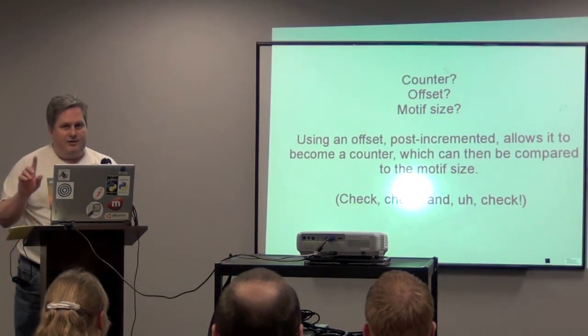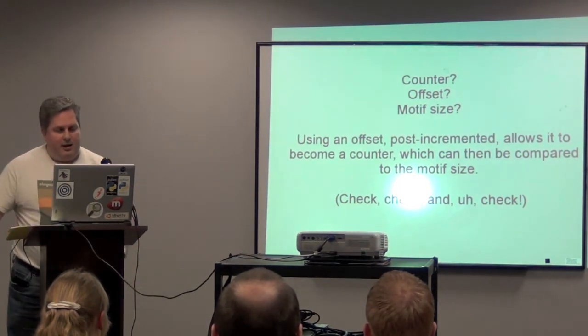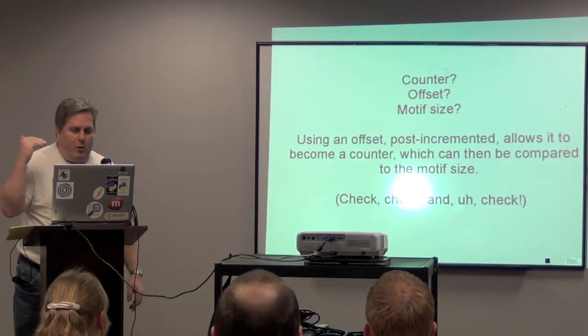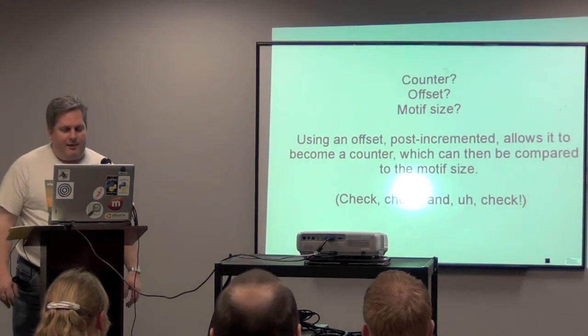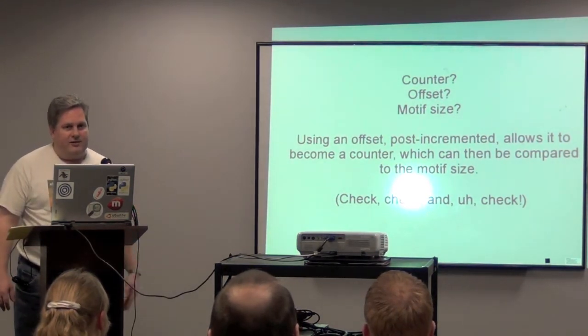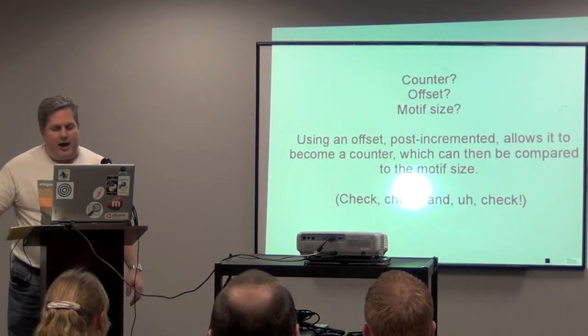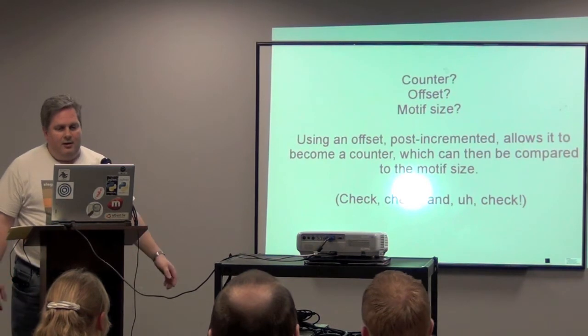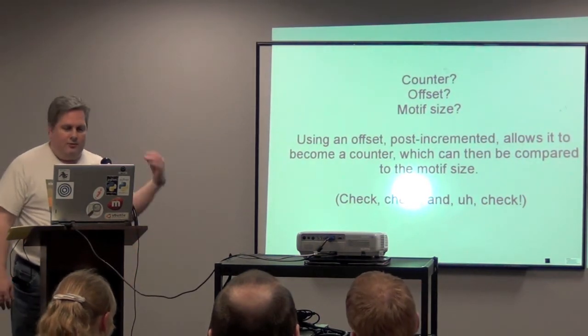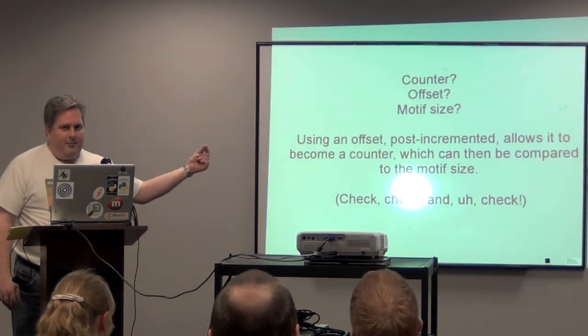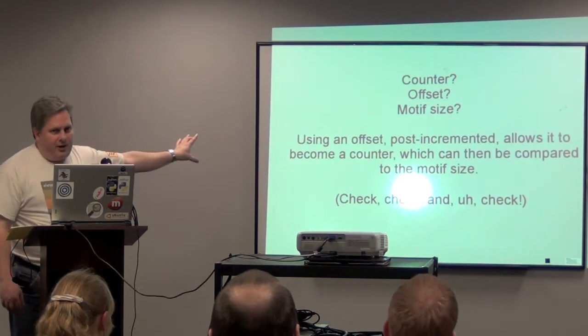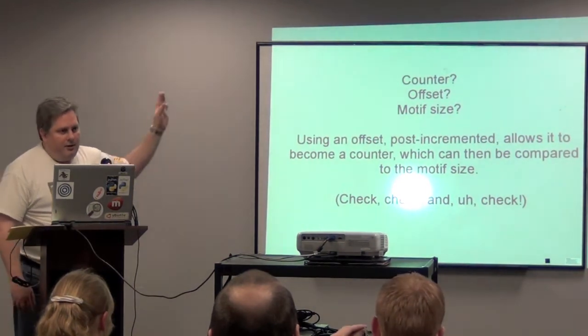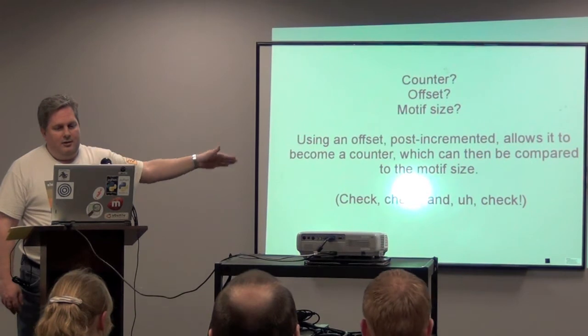It's now counting position 1, position 2, position 3, which is just about the right time for it to be compared to the motif size. So if on the last iteration the motif size is 7, it comes in with this 6. I'm comparing the current nucleotide with offset 6.